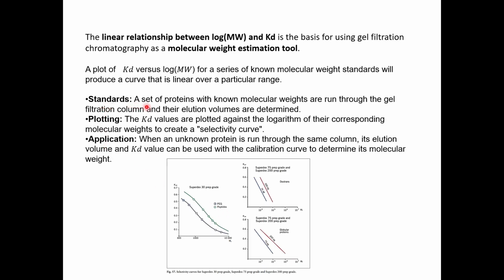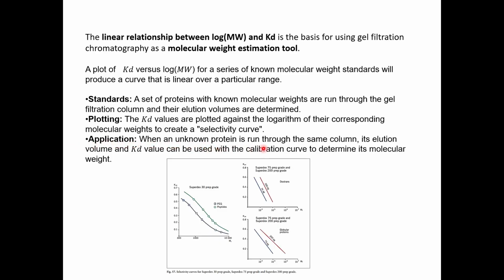Standards are basically a set of proteins with known molecular weights that are run through the gel filtration column, and their elution volumes are determined. Then the KD values are plotted against the logarithm of the corresponding molecular weight to get a selectivity curve.